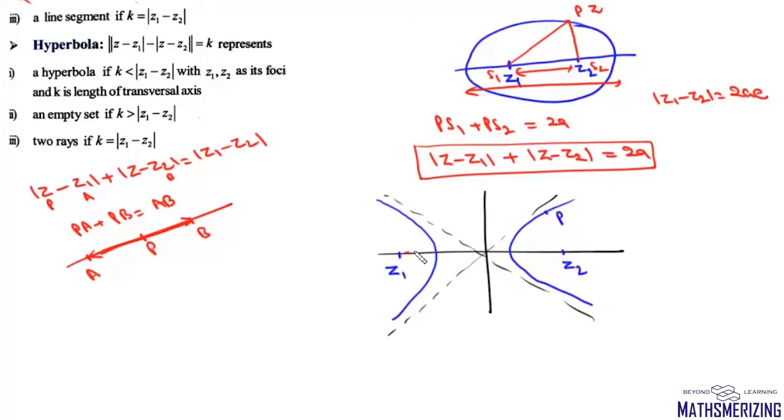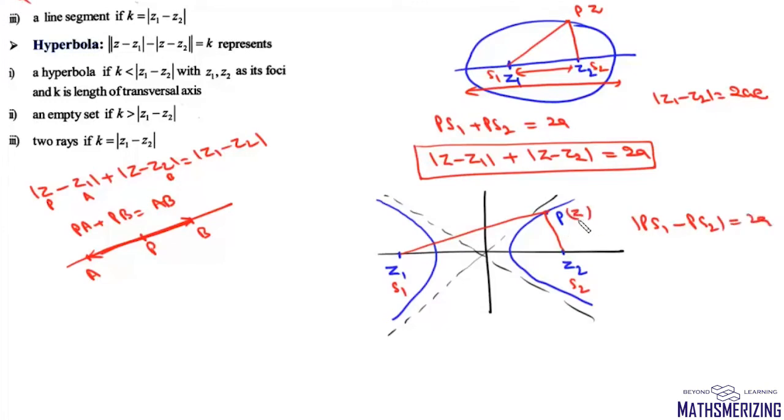The focal property of the hyperbola says that the difference of distances from the two foci of any point on the hyperbola must be equal to 2a. So we get the condition that the modulus of PS1 minus PS2 must be equal to 2a.